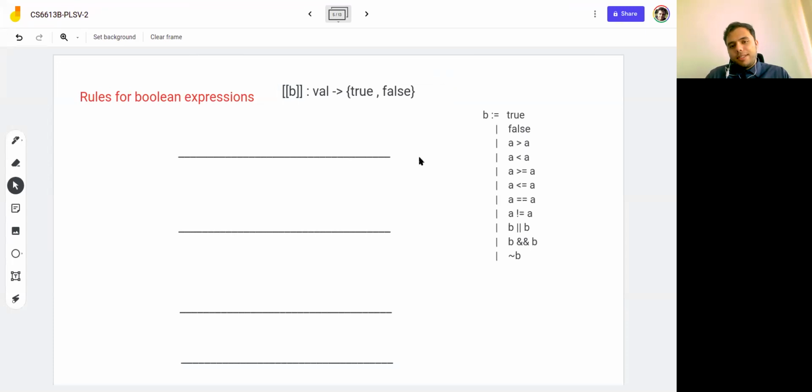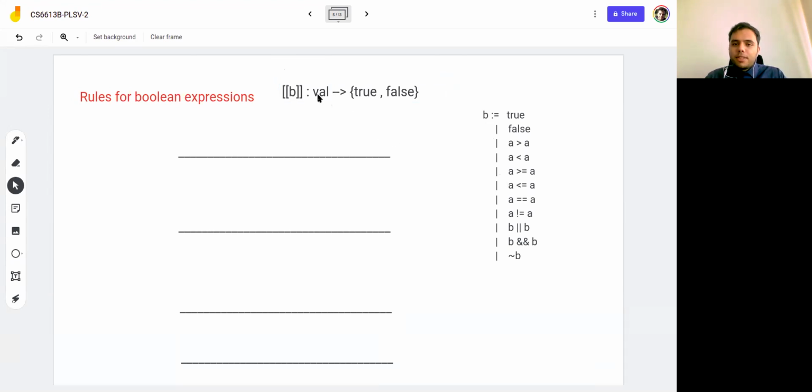But there is still a really stupid problem here. And the problem is that what happens if one of the arithmetic expressions that are used in this Boolean expression are not defined? So for example, if you have division by zero, then this Boolean expression itself should also not be defined. So this type would actually not be exactly a function, but a partial function.